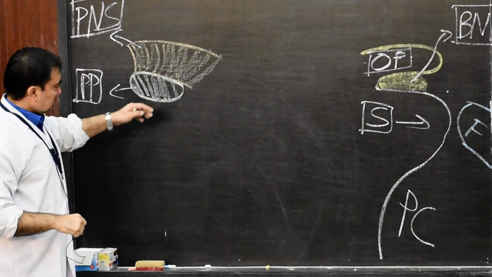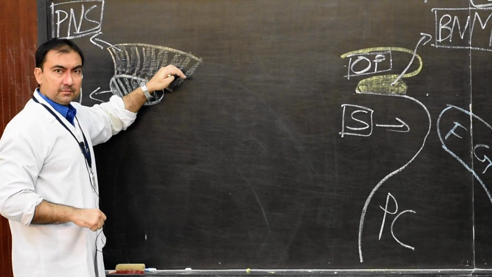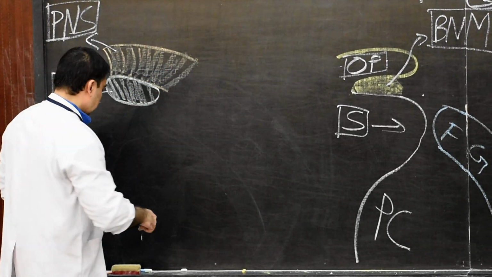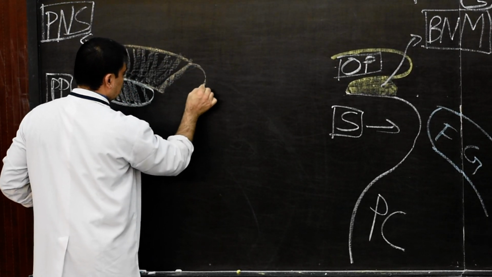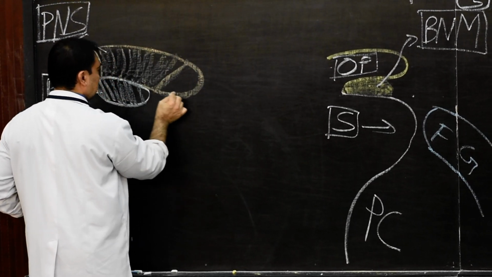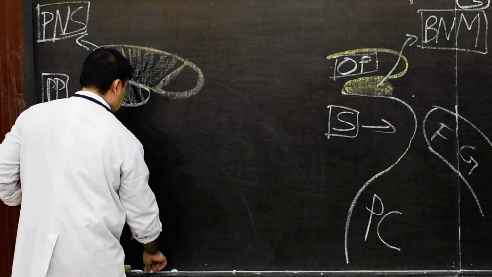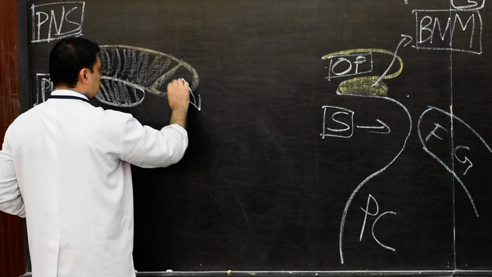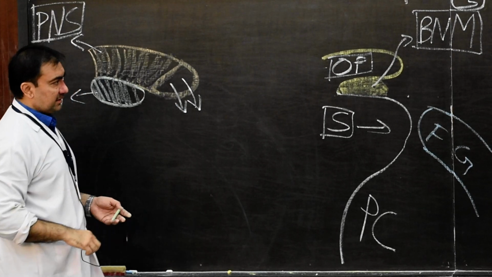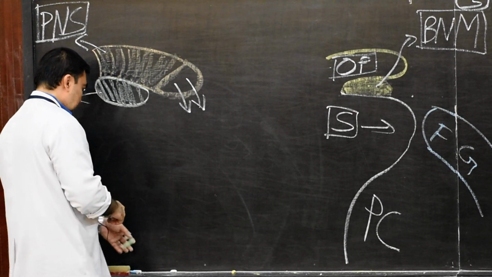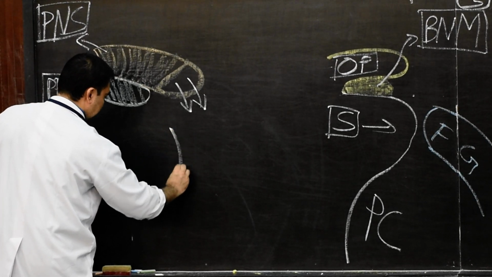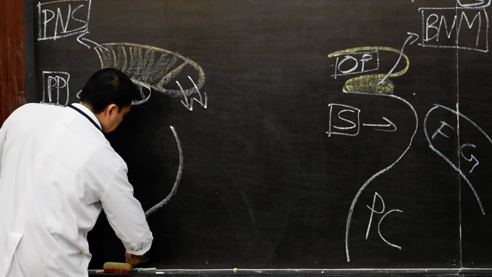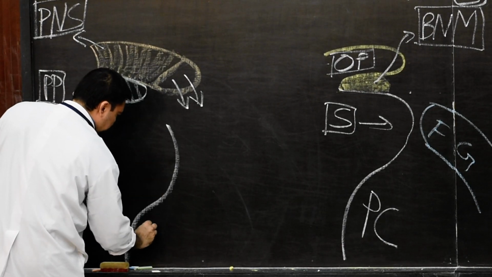Now, this primitive nasal septum, dorsally, will communicate with the oral cavity through this opening. So if you draw this structure below, there will be once again the same structure, the stomodeum.